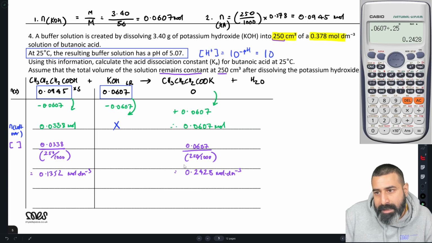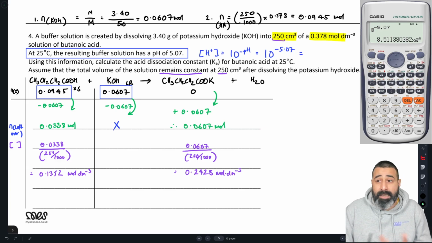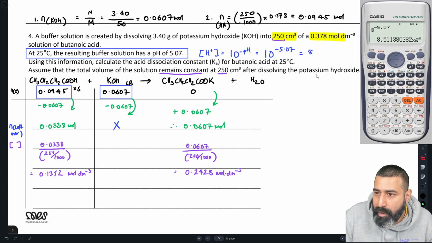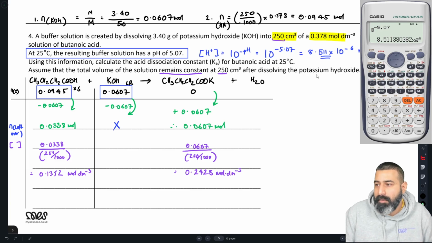So 10 to the power of minus 5.07 equals, let's just process that. Shift log minus 5.07, and we get hydrogen ion concentration of 8.511 times 10 to the minus 6 moles per decimeter cubed. All right, so that's the grunt work.